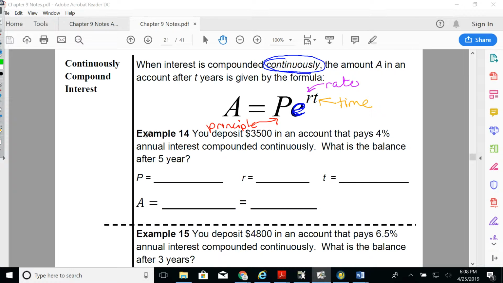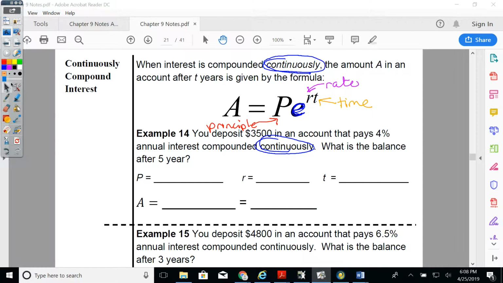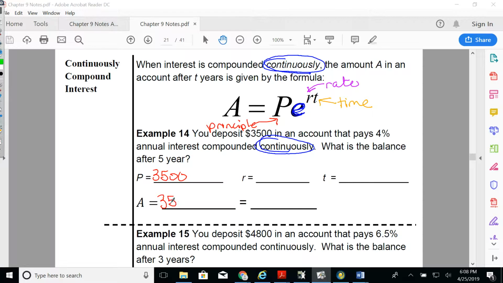All right, so example 14, you deposit $3,500 in an account that pays 4% annual interest, compounded continuously. What is the balance after 5 years? So because it says continuously, I know I'm going to use the PERT formula instead of the compounded interest formula. So P is the 3,500.